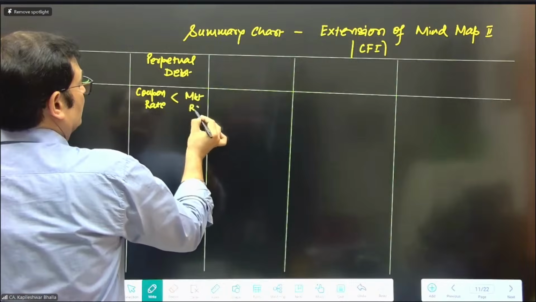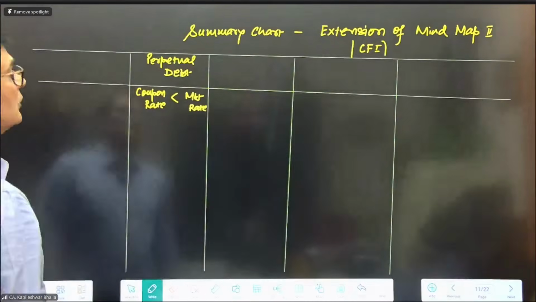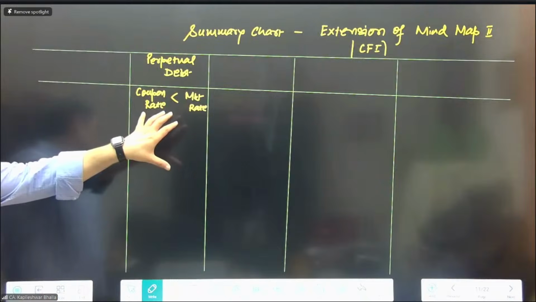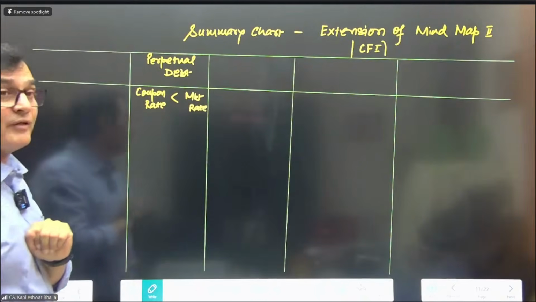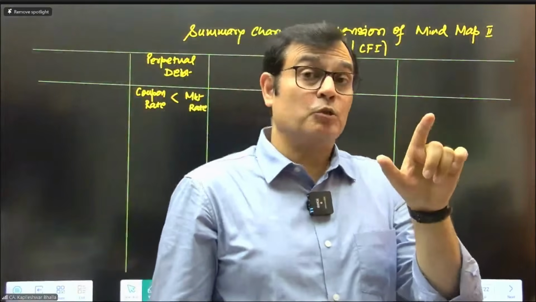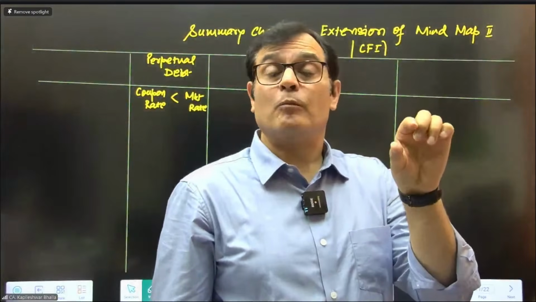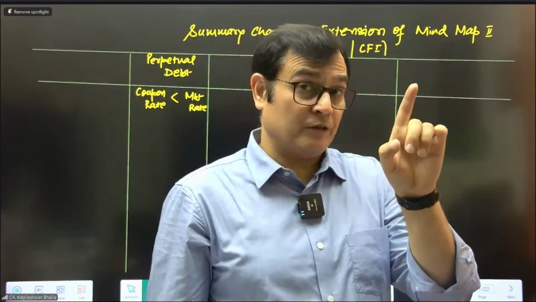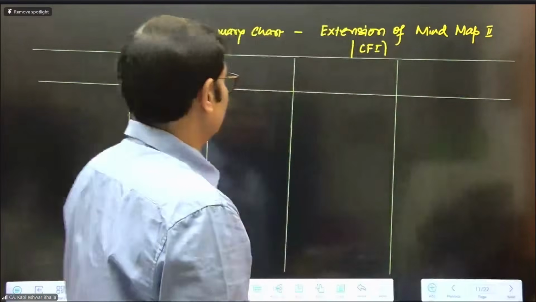If you've seen the regular sessions, you would remember that when the coupon rate of interest is less as compared to the market rate of interest, it becomes a compound financial instrument, a CFI.